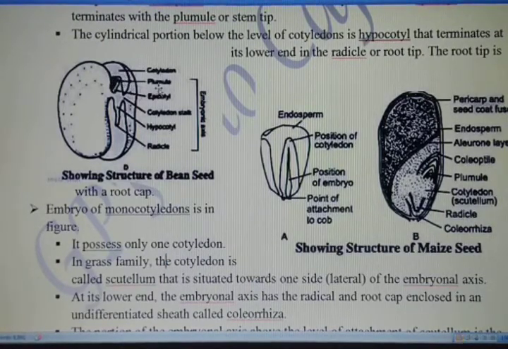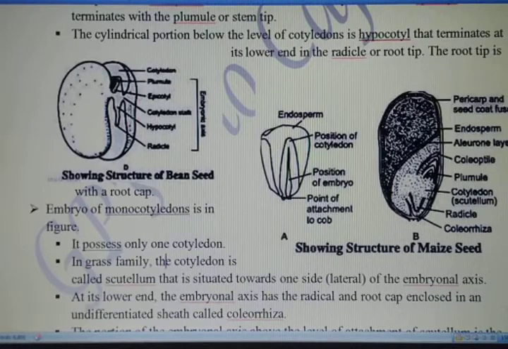It is called the plumule, which gives rise to the shoot. Between this plumule and the cotyledon stalk there is a small part called the epicotyl. Likewise, between the radicle and the cotyledon stalk is a part called the hypocotyl.